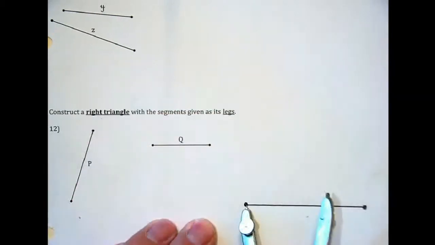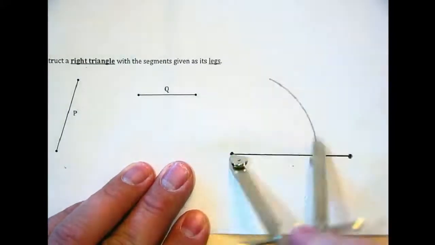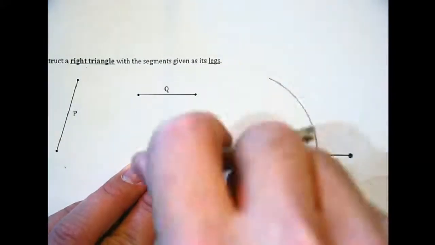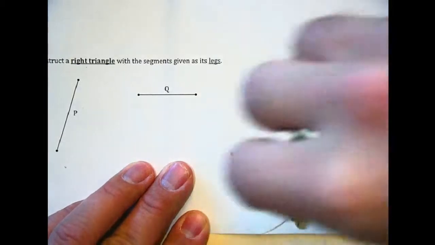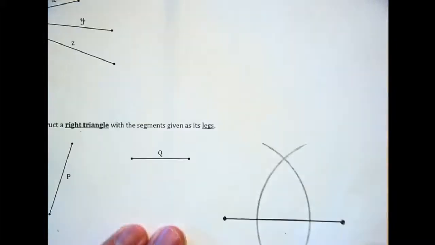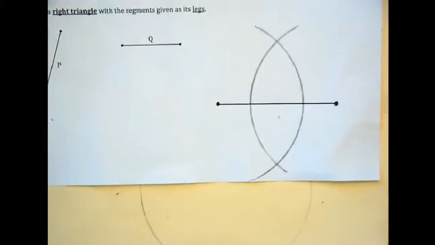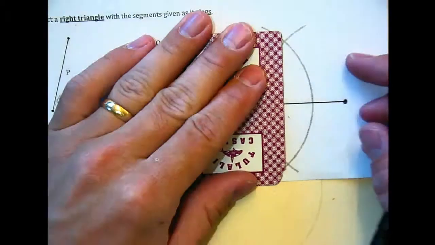So I put my compass on one point. I make my big sweeping arc. That's a big arc. I don't know if I need to make it that big. I hope that fits. Okay, I make my big eyeball there. Creepy weird, I know, but there you go.